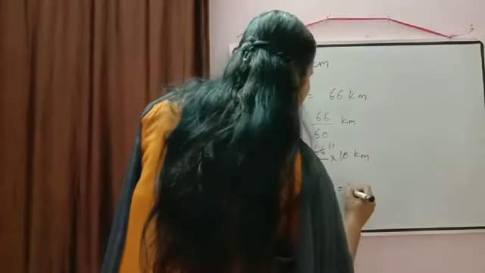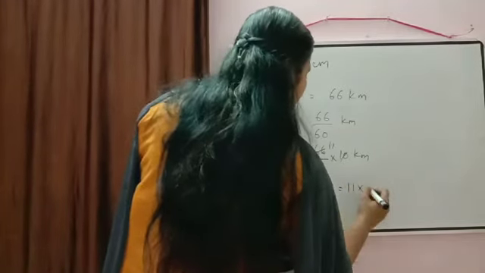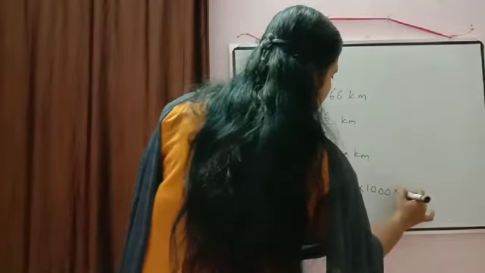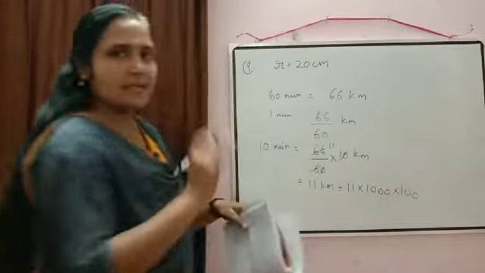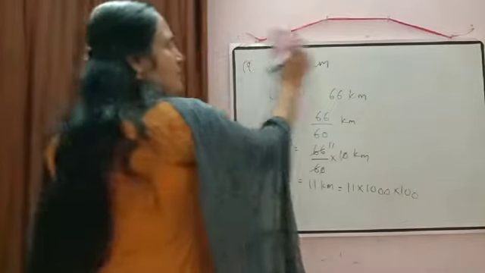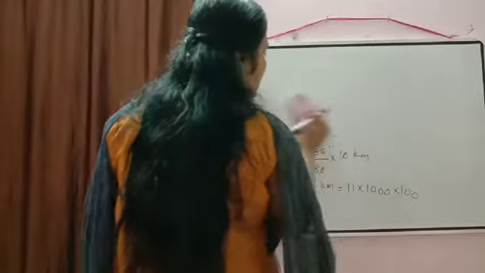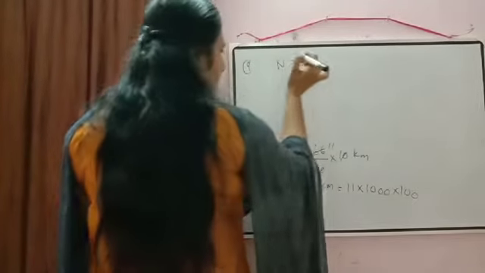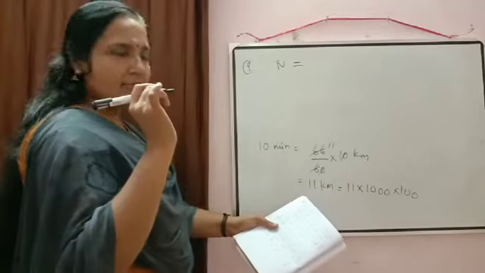But radius is given in centimeter. So here we can convert into centimeter. First 11 into 1000, so converted into meter, into 100, so converted into centimeter. Now again use the formula. Number of revolutions is equal to total distance covered by circumference.